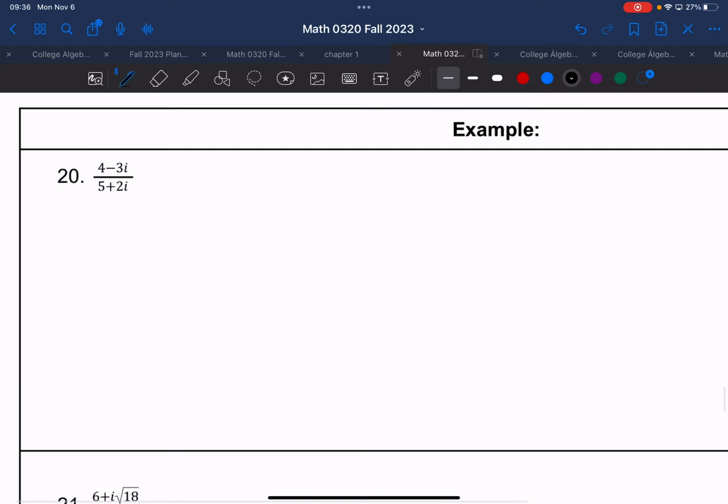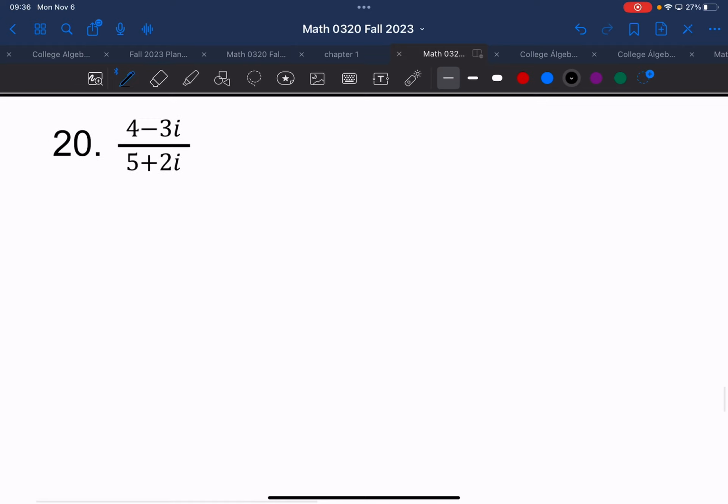So for example, on number 20, what would we multiply the top and bottom by? 5 minus 2i. So just changing the sign. And when we do that, that means we're going to do what to the numerator and the denominator?